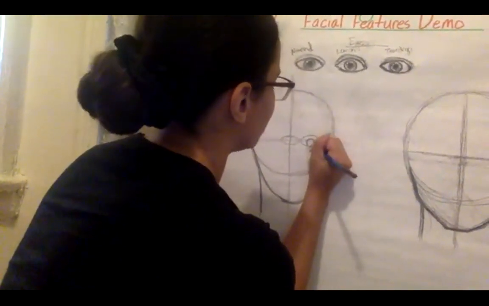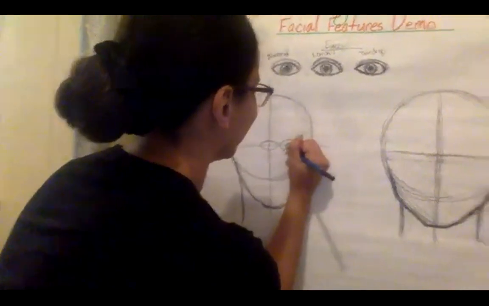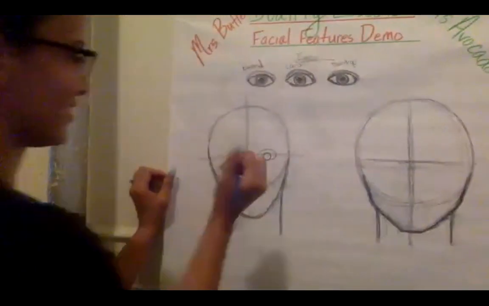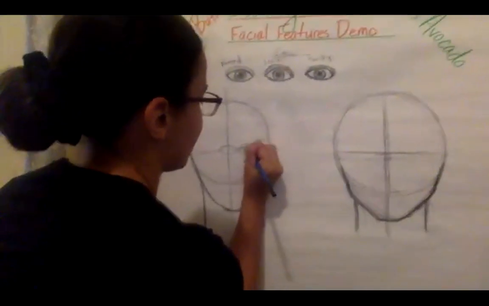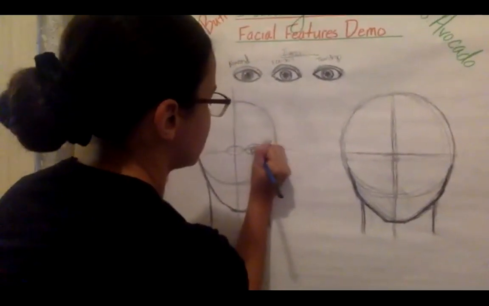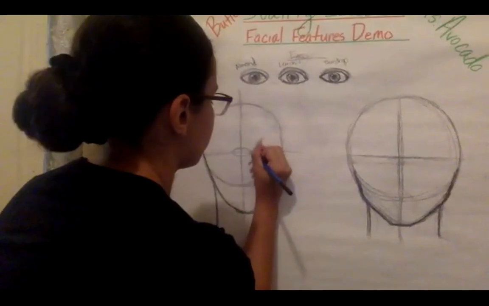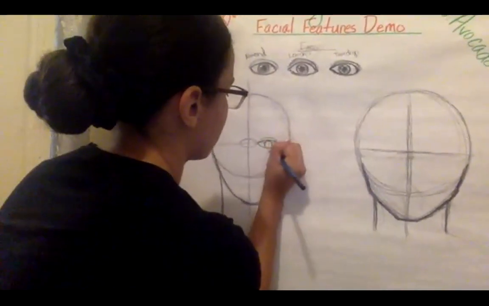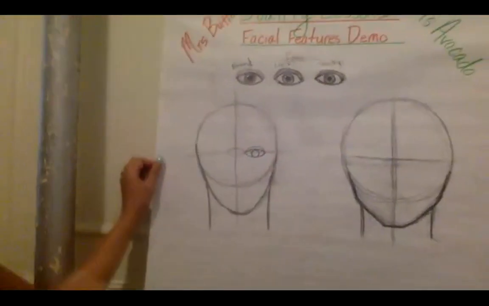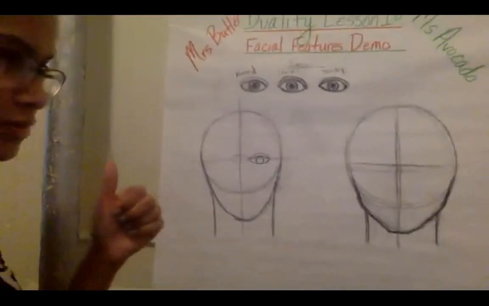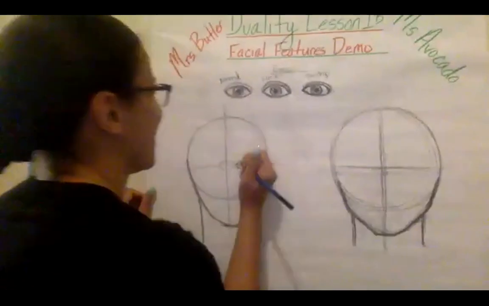This avocado knows that I'm working on eyes. Eyes are a struggle for me. She can do it though. Here is my eyelid. Okay. How am I doing so far? Pretty good? All right.